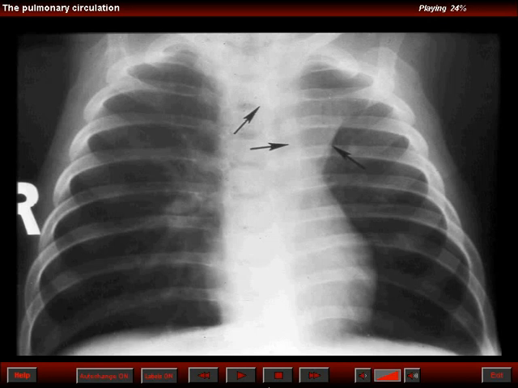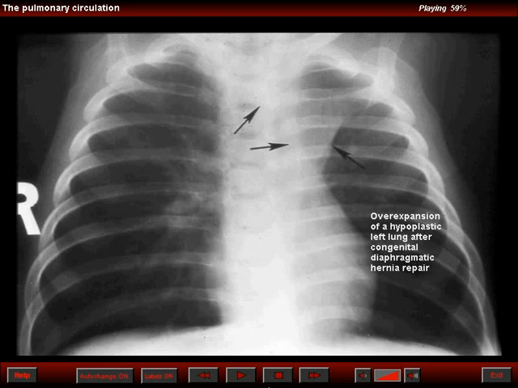This baby had hyperexpansion of the lower lobe as a result of a hypoplastic lung, which developed as a consequence of the diaphragmatic hernia. In other words, the diaphragmatic hernia did not allow the proper development of the left lung.